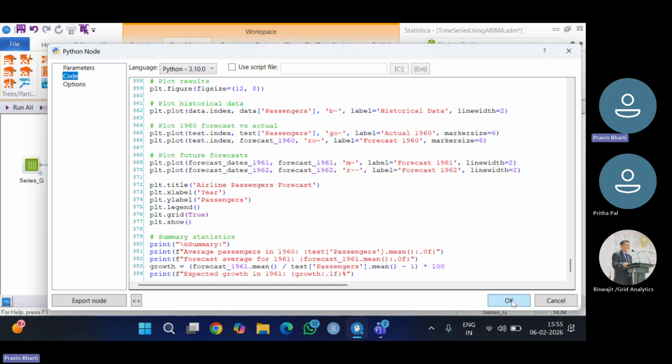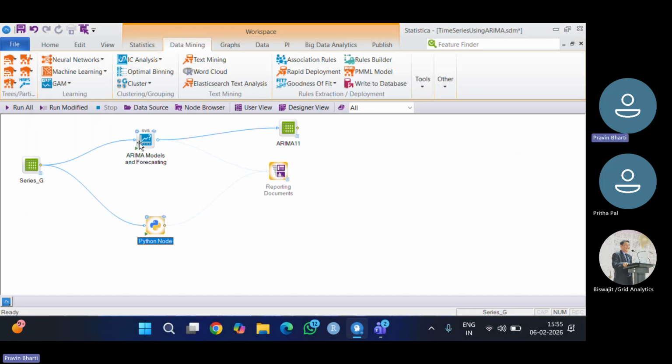So when we run this node using the green play button, you can see the running status through the green moving bar below.